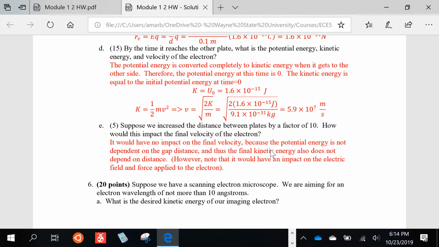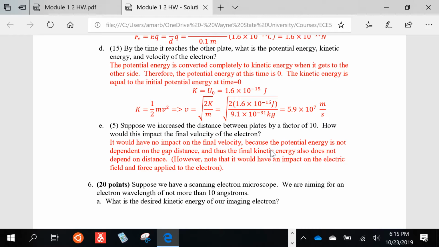By taking the electrodes further apart, you're creating a smaller electric field. How's that going to change the force exerted on the electron? It's going to reduce, right? Force is equal to the electric field times the charge: F equals EQ. So if you reduce the electric field, you reduce the force on the particle.